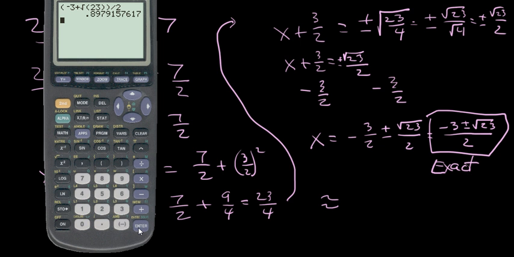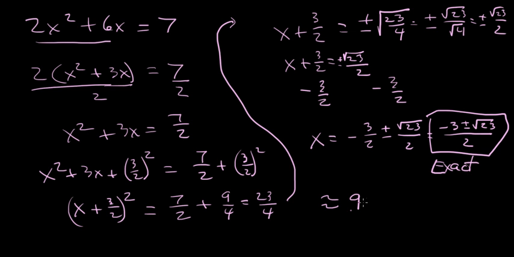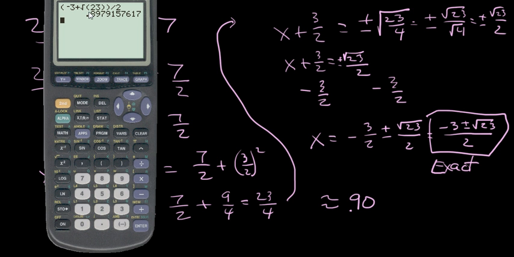Alright, and enter, and I get 0.90. Now, take a look here again. Remember, when I round this off, I have to use 2 decimals. I can't say 0.9. I have to say 0.90.